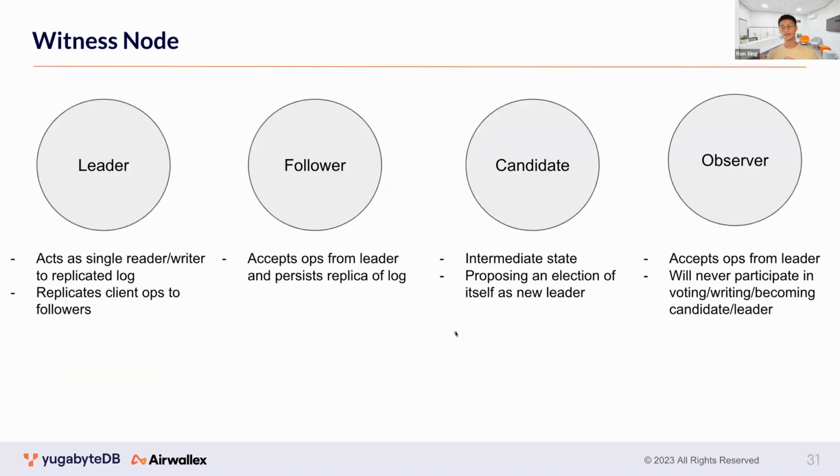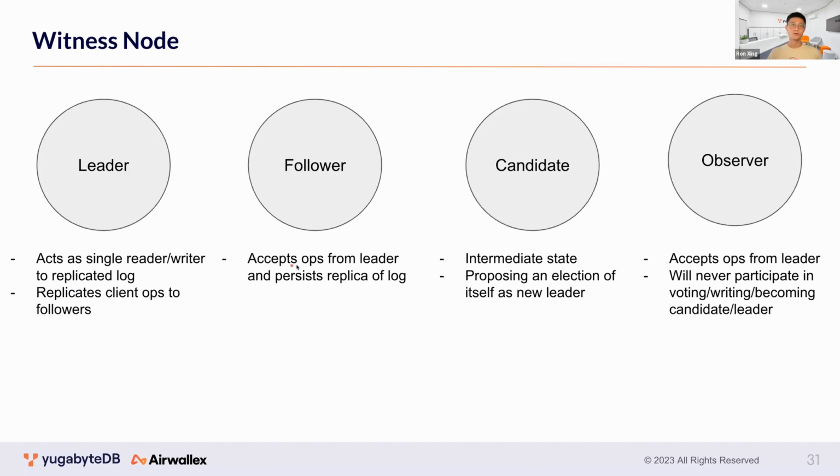The other way is what we have in the remote deployment of replica. Leader, follower, and candidate are the original three roles in the primary cluster. The leader is the single reader and writer to replicate the logs. It will also replicate the client operations to followers.